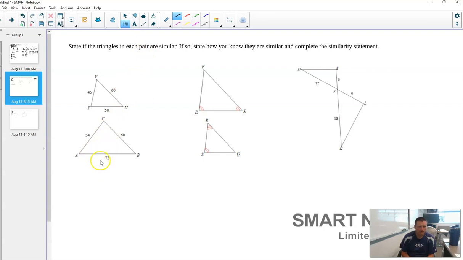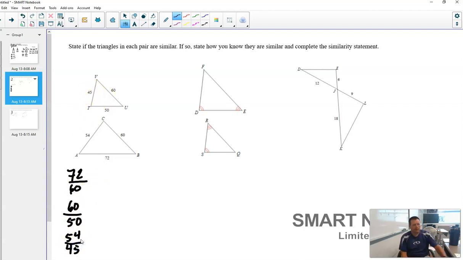So what we want to do is take the big side, so 72, and put it over the big side of the other one. It doesn't matter which way, I just picked this one to go over that one. Then I'm going to go to the next size, which would be this 60 right here, and put it over the 50. And then the smallest side, 54, and put it over the 45.